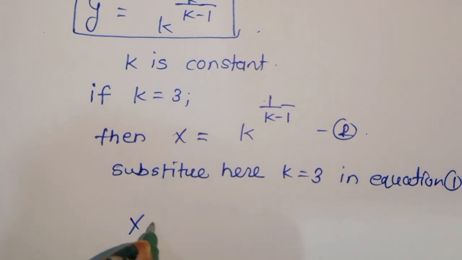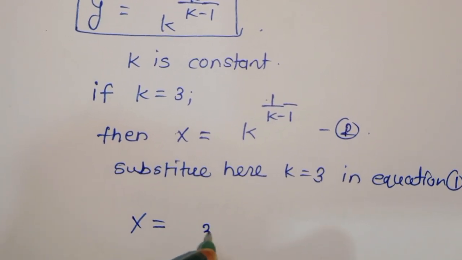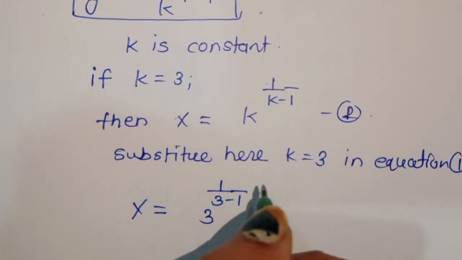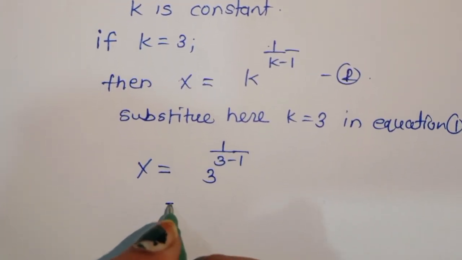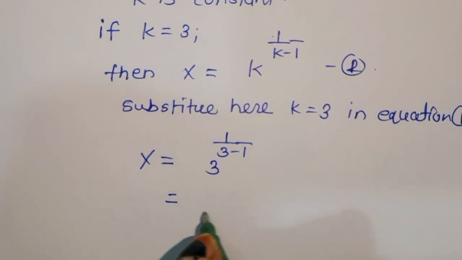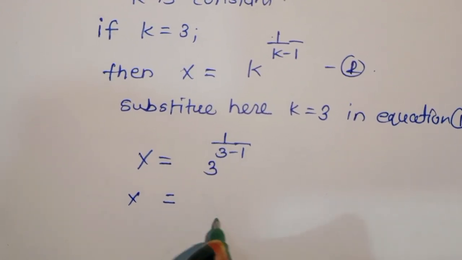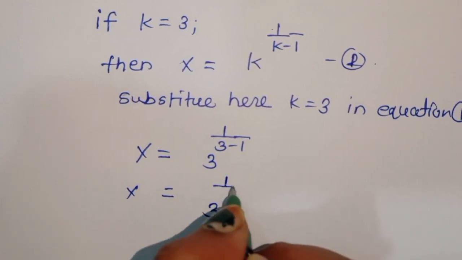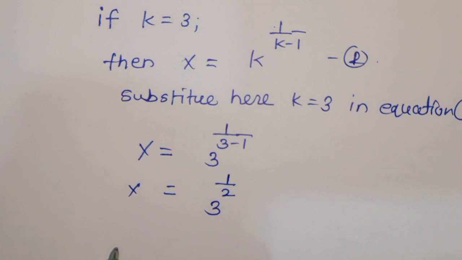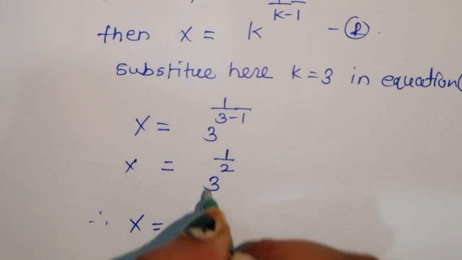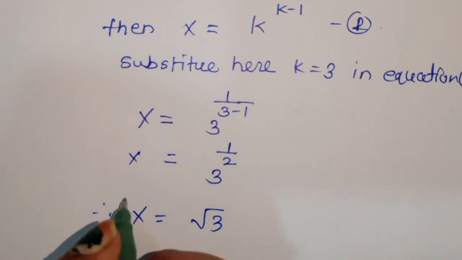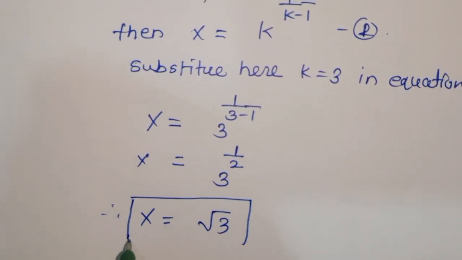Now x is equal to 3 raised to 1 upon 3 minus 1, so x is equal to 3 raised to 1 upon 2, since 3 minus 1 is 2. Therefore x is equal to 3 raised to 1 upon 2, which means square root of 3. This is the value of x that we got here.